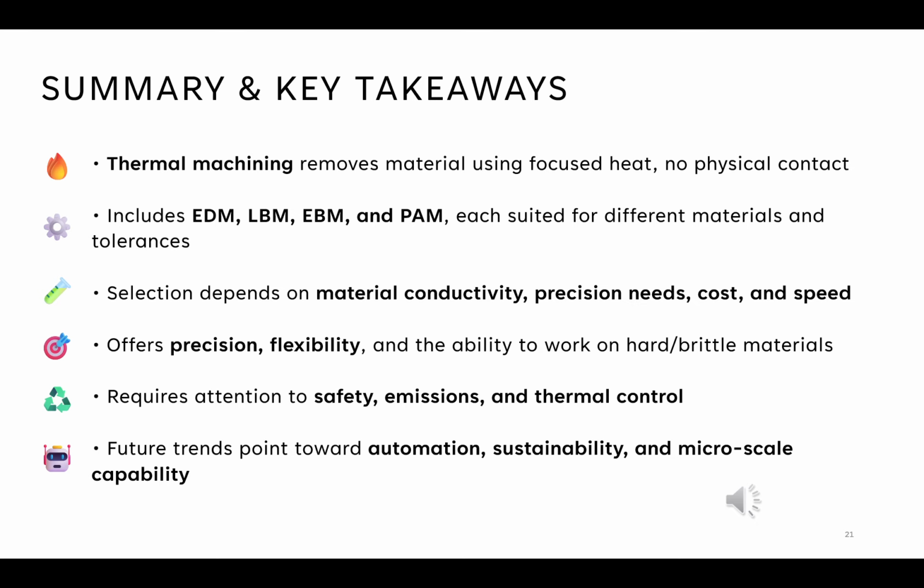These processes are incredibly powerful, but also come with safety and environmental challenges due to heat, radiation, and emissions. Looking ahead, thermal machining will continue evolving with AI integration, hybrid techniques, and eco-friendly solutions, making it a critical part of advanced manufacturing going forward.